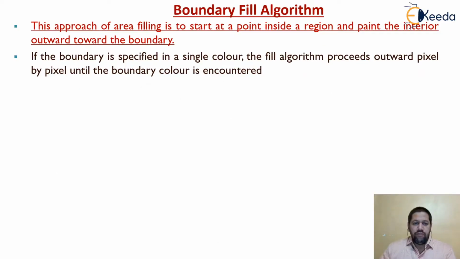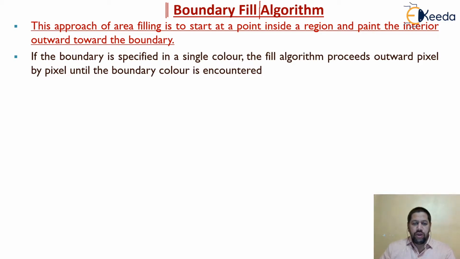Now, first we are going to learn theoretically what is meant by boundary fill algorithm. This approach of area filling is, you start at a point inside a region and paint the interior outward towards the boundary.